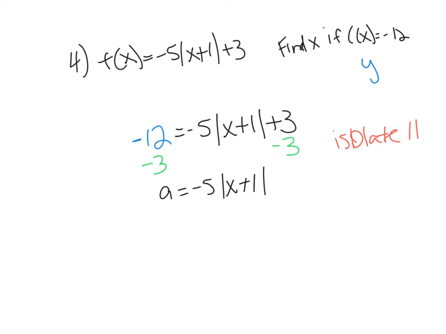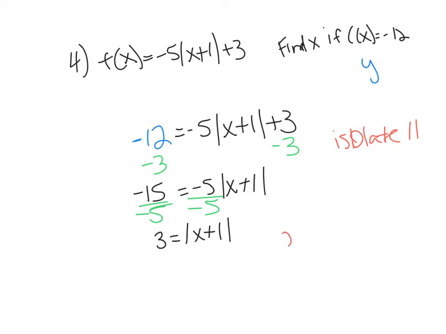So actually, we need to back that up. If that's negative 12, minus 3 is actually negative 15. So divide by negative 5, and we get 3 equals absolute value x plus 1.